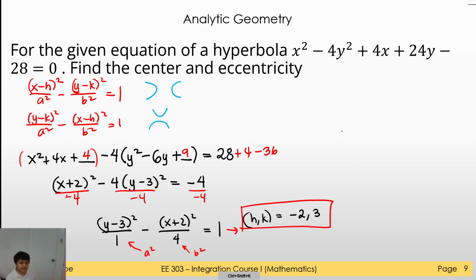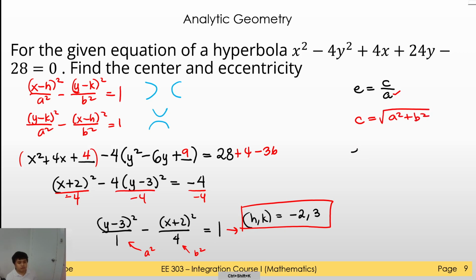Now, for finding the eccentricity, it is equal to c over a. We already have a given, but how about c? The c here is actually different. Instead of a squared minus b squared, this is actually a squared plus b squared.